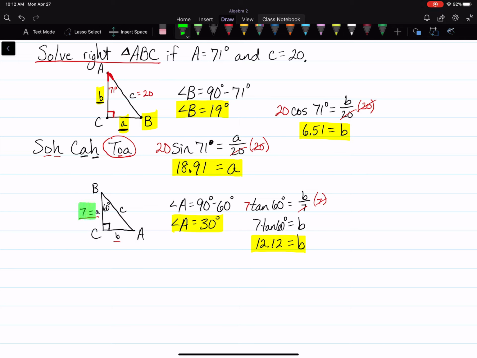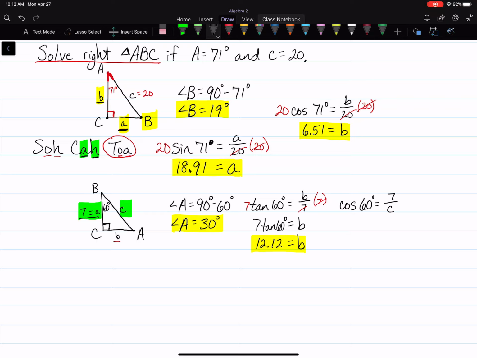We know the adjacent side, and we're looking for the hypotenuse. So what uses adjacent and hypotenuse? Cosine. So we're going to do cosine of 60 degrees equals the adjacent side, which is 7, over the hypotenuse, which is C.